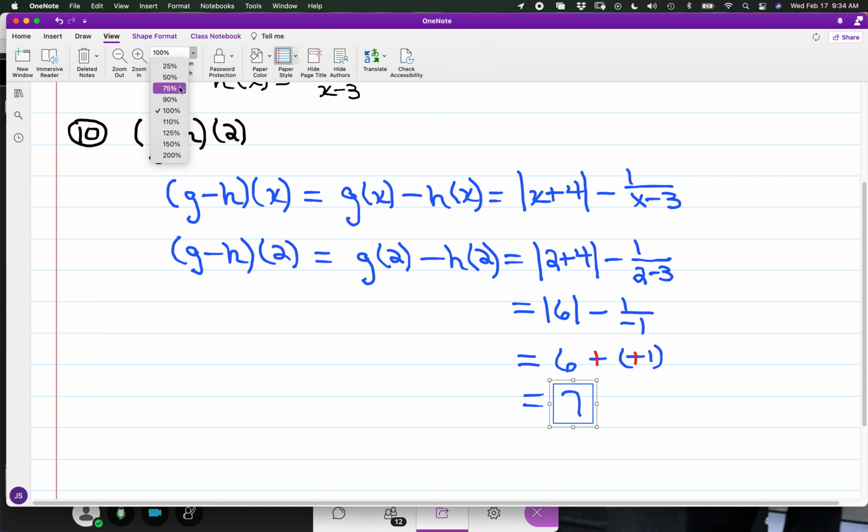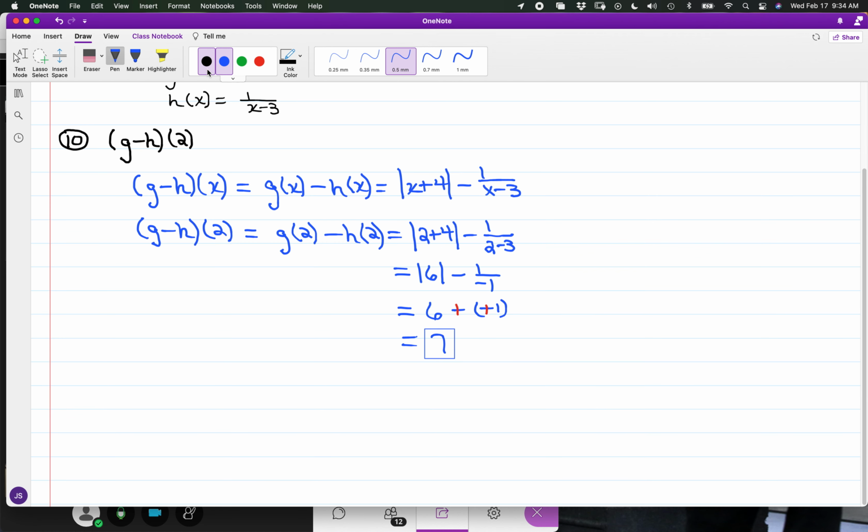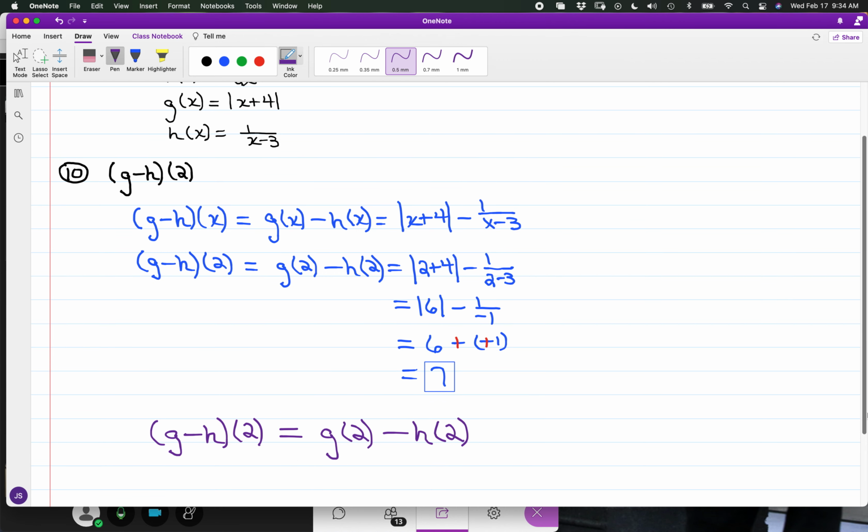And again, just another approach here. If I were to take just right away, so we have with g minus h of 2, if I just take the specific cases right away, and what I mean by this, so we have with our functions g of x and h of x.